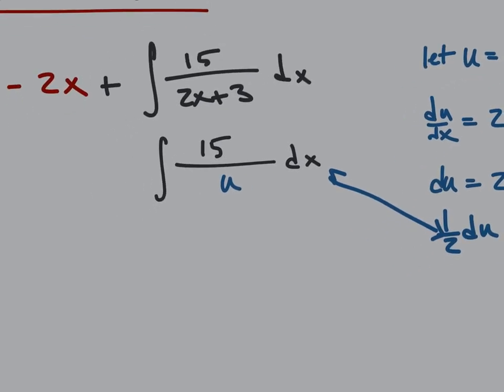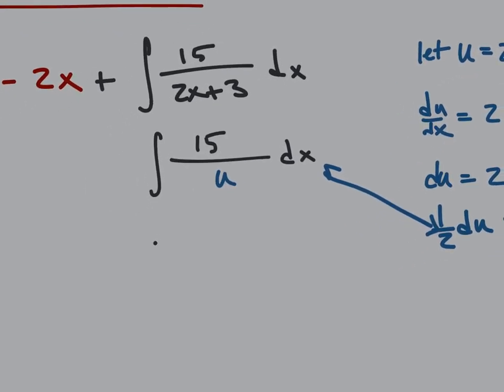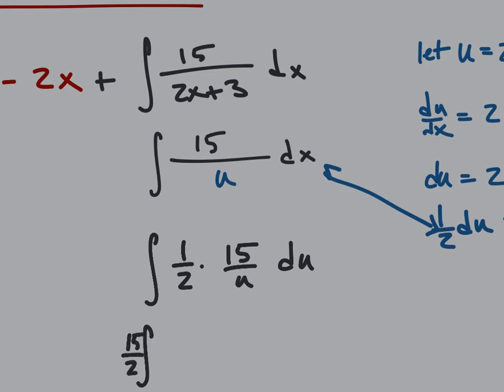So this integral over here is then going to become 1/2 times 15 over u du. Okay, and so from there, what we can do is simplify this a little bit and move our 15 over, I'm going to do 15 halves, out front and have this be 1 over u du.